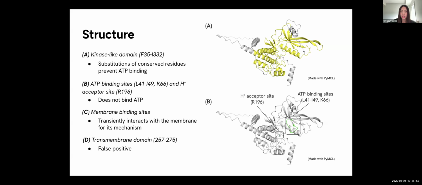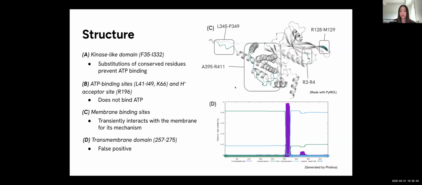Second, figure B highlights 2 ATP binding sites highlighted in lime green, which are residues 41 to 49 and 66. However, ATP doesn't actually bind to these regions. Lastly, the proton acceptor site highlighted in forest green at residue 196 may contribute to STK40's scaffolding function.